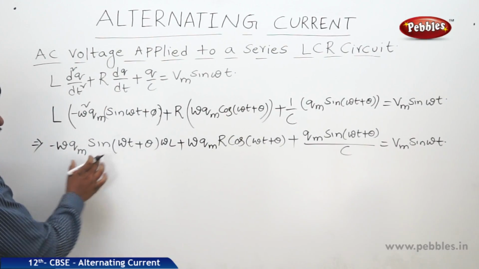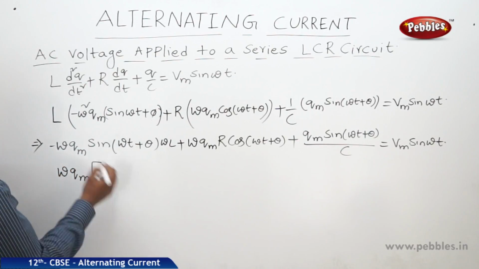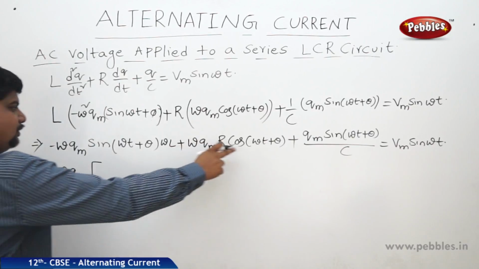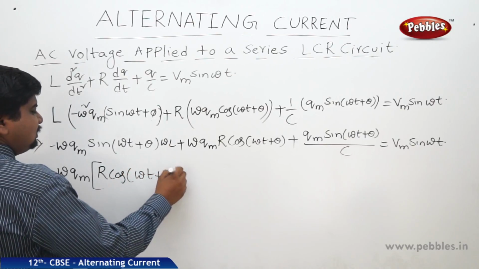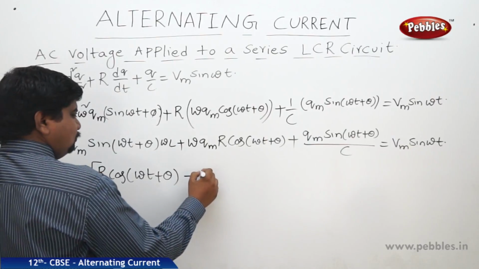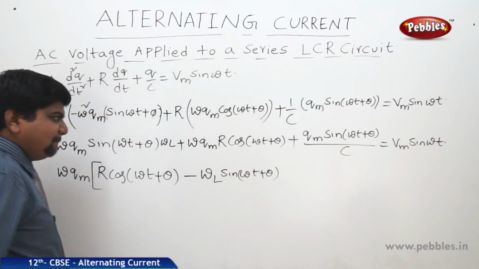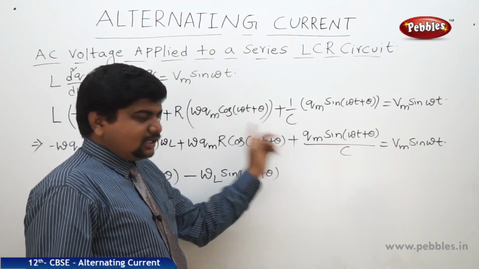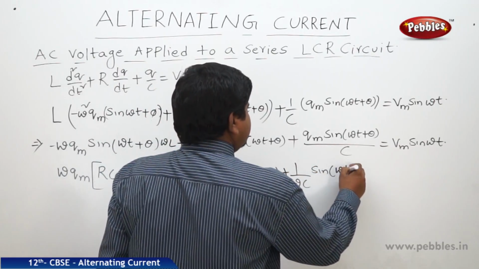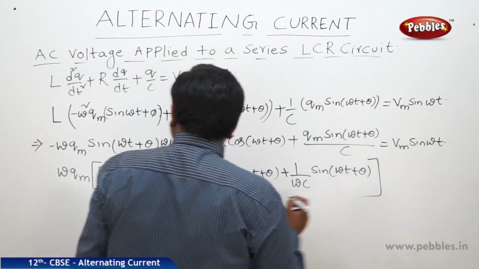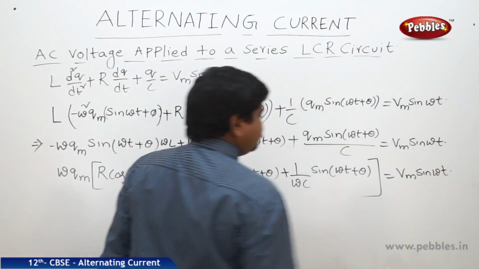Now I am taking omega qm as common in the LHS side of the equation. Therefore, if I took omega qm as common, so what we can write? R cos(omega t plus theta) minus omega L sin(omega t plus theta). And here also qm is already common, so we can write 1 by omega C into sin(omega t plus theta) is equal to Vm sin omega t.